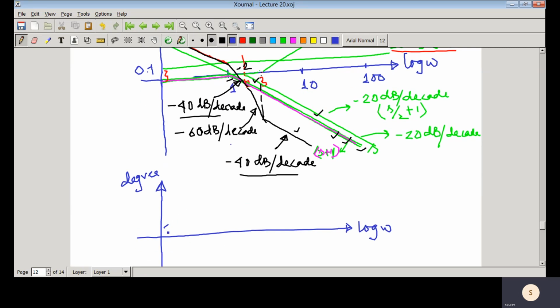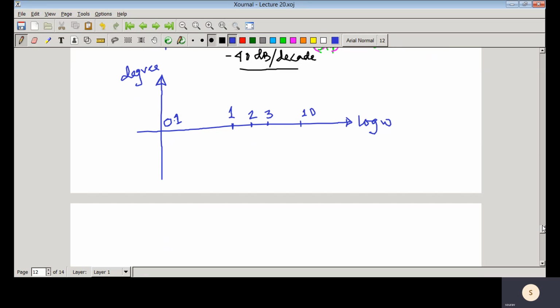So here that 0.1, then we have 1, then 10, like that. Here we have one corner frequency, that is 2. We have another corner frequency, that is 3. And for S, we have seen that this is 0.1, so for S that angle is minus 90 degree.